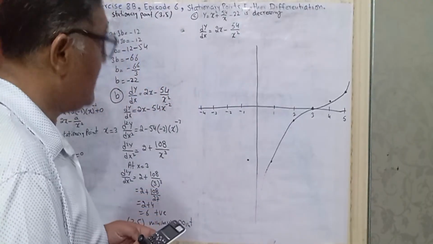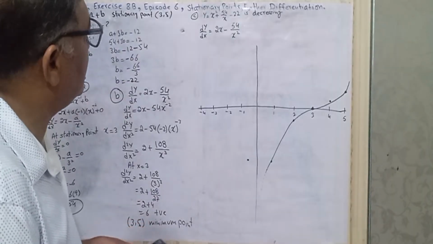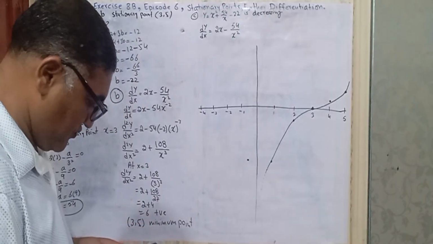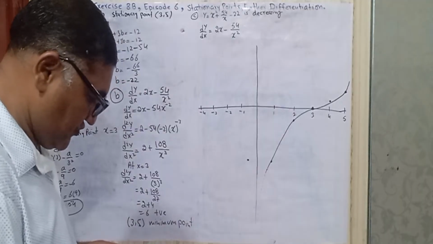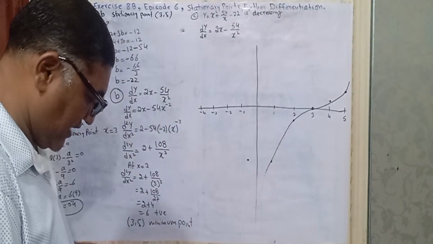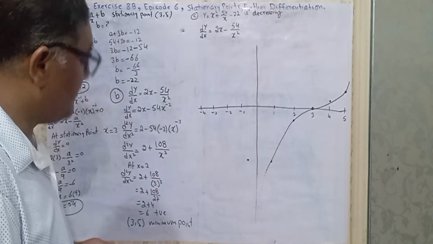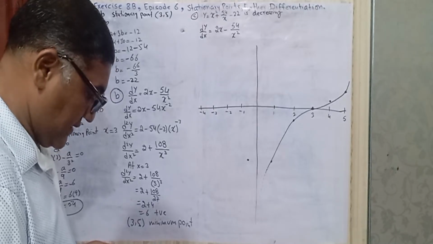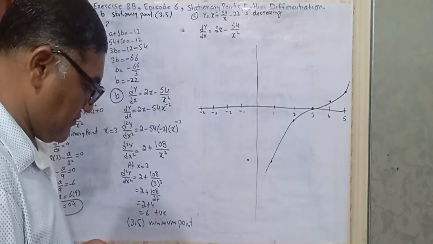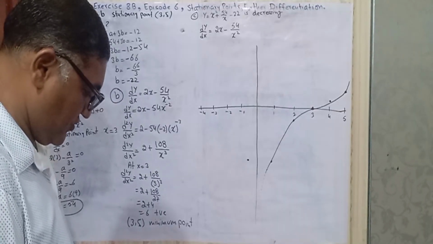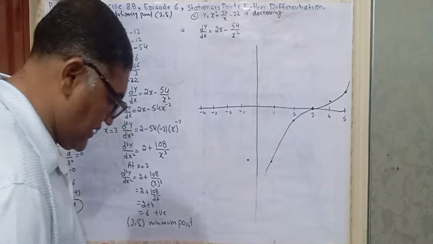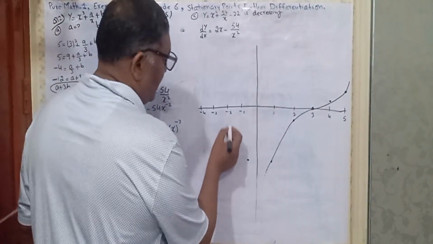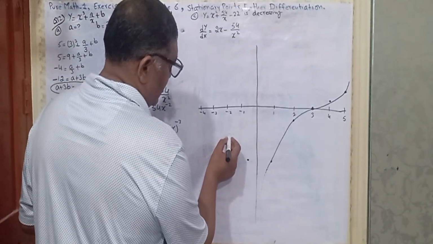Then we will have -2: 2 multiply (-2) minus 54 divided by (-2) squared equals, so at -2 it's minus 17 somewhere here.